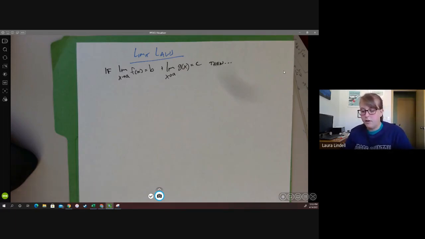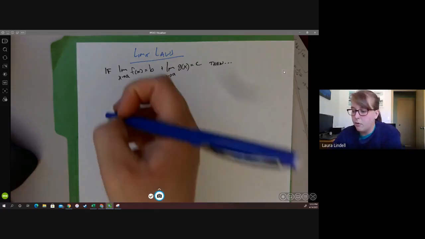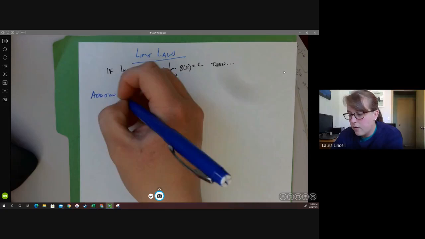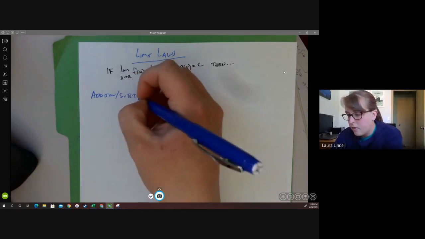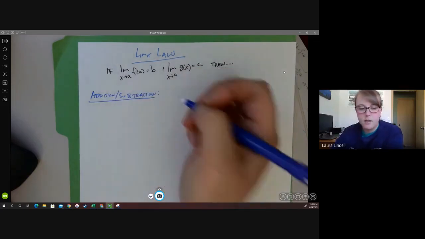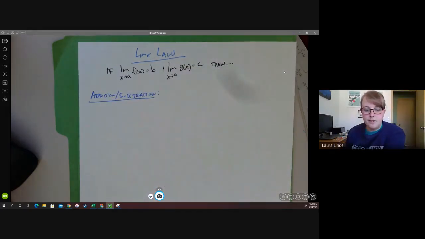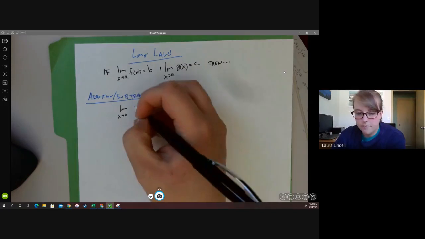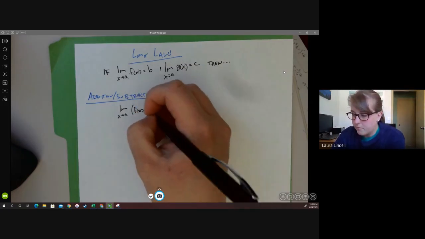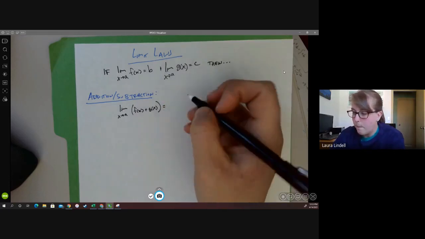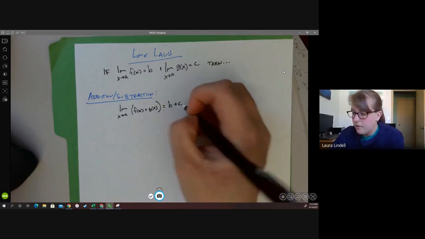All right, so the first one is going to be the addition or subtraction side of things. The limit as x approaches a of f of x plus g of x is equal to b plus c.